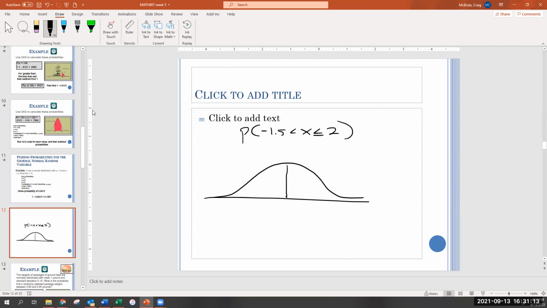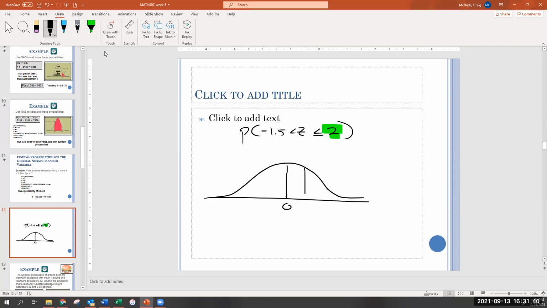So we're going to assume this is a z-score. I probably should have written this as a z so that we're on a standard normal. So here is 0, because for the standard normal curve, the mean is always 0. If we want to be in between these two things, we know that we're going to have a little piece in between here. But let's look at it in terms of colors.